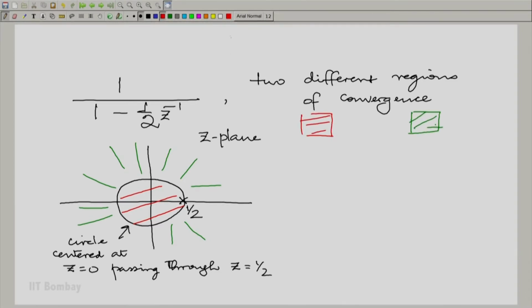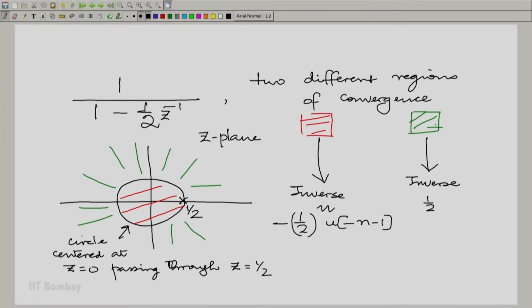Let us invert the Z transform in each of these regions of convergence. In the red region of convergence, the inverse is minus half to the power of n u of minus n minus 1. And in the green region of convergence, the inverse is half to the power of n u of n. Now, clearly, this is not absolutely summable, and therefore, the system would be unstable here.